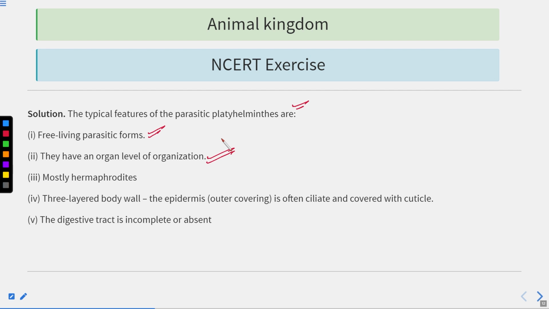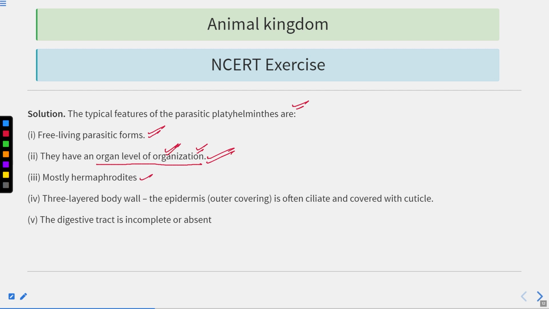Right? But here you can see they are having the different organs, flame cells. Different types of cells unite together to form a particular organ. Separate reproductive organs are there. Right? So they are showing the organ level of organization.